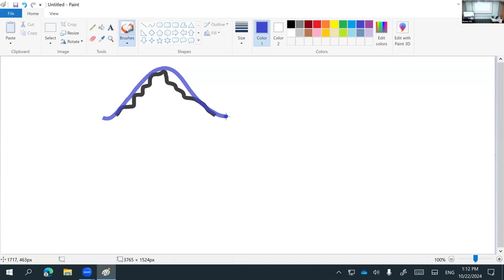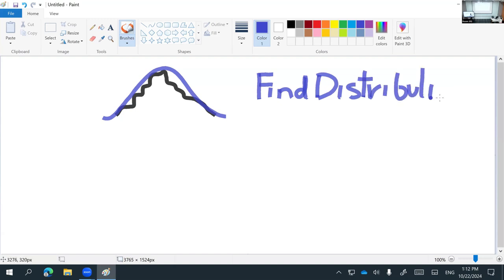Okay, and again, you can do it with Mathematica. You can use this thing, FindDistribution, right?